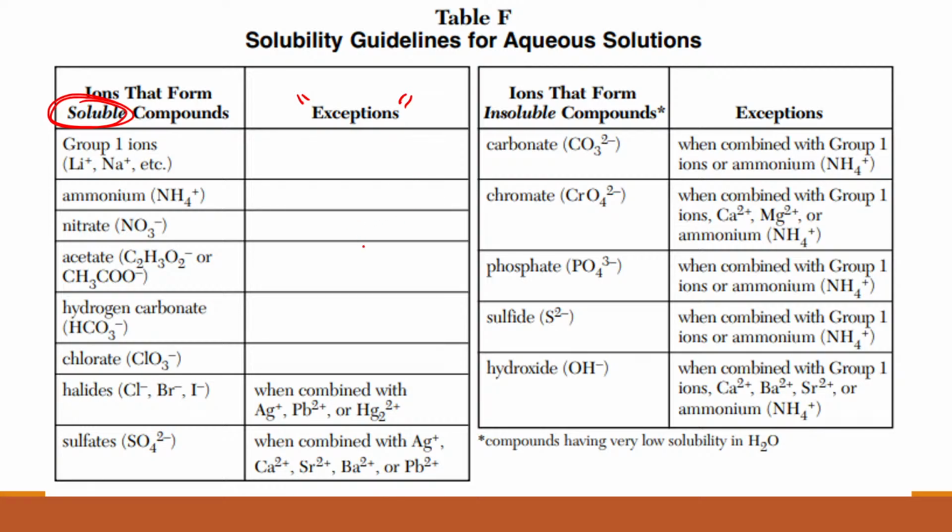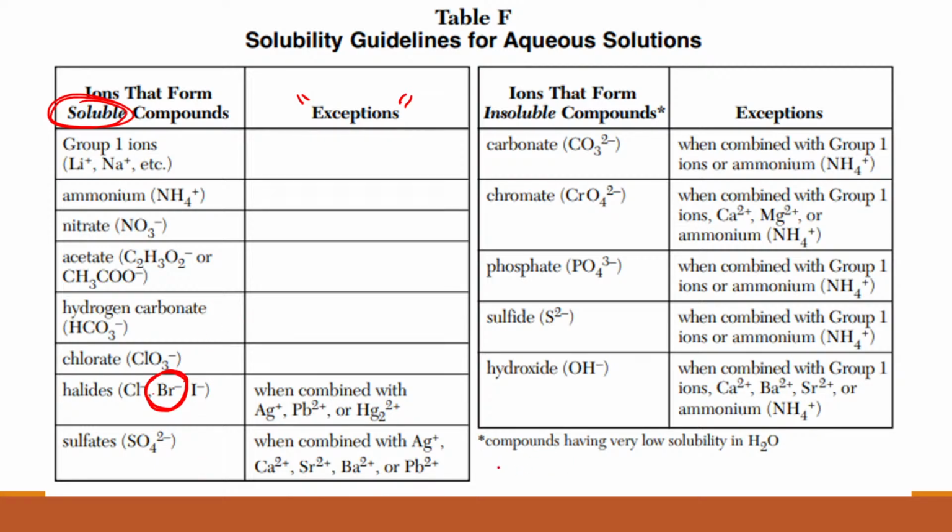Exceptions, just like in regular life, do the opposite of what things normally do. So, for example, here's bromine. Right? A bromine ion is a bromide ion.